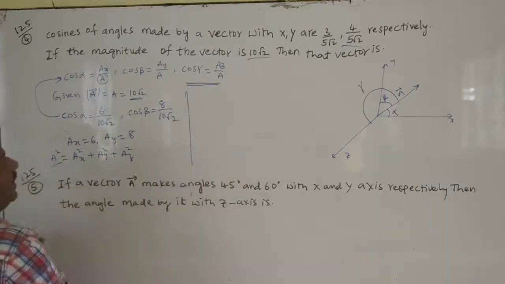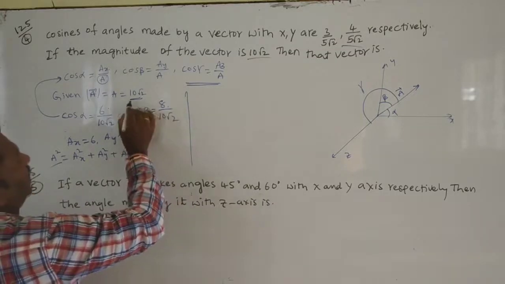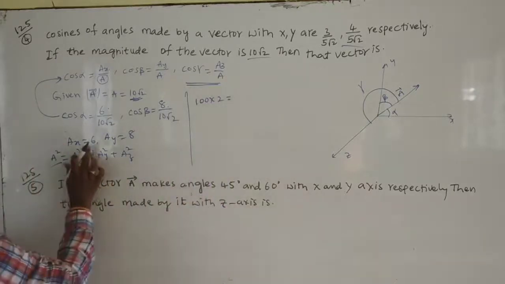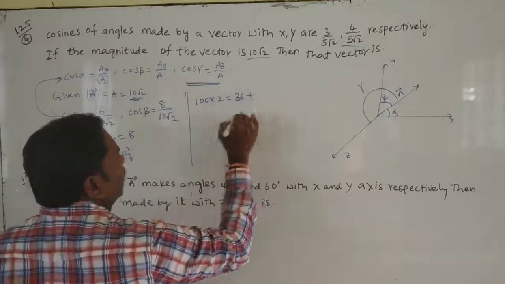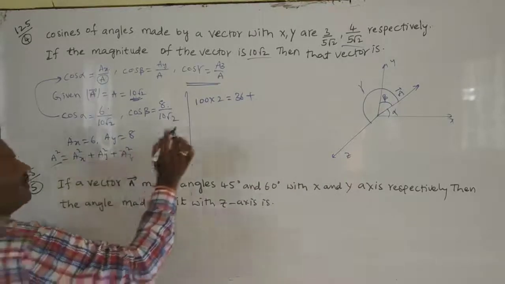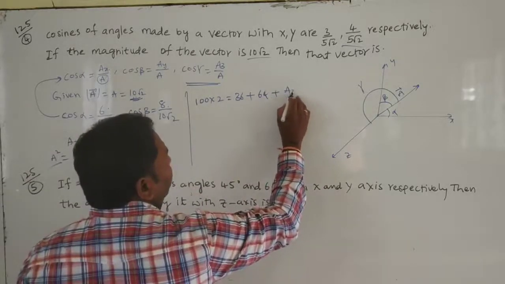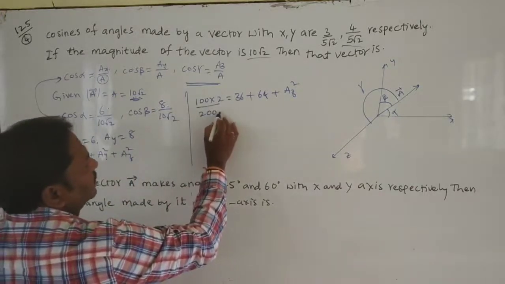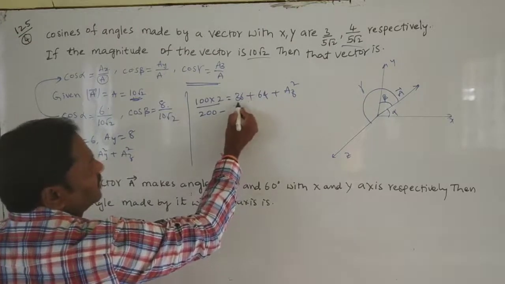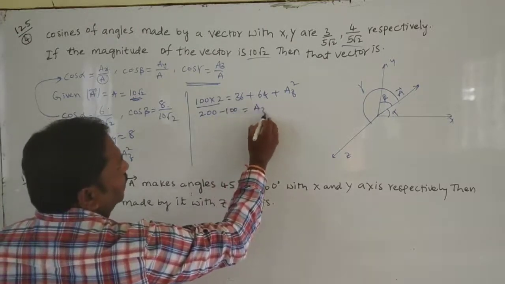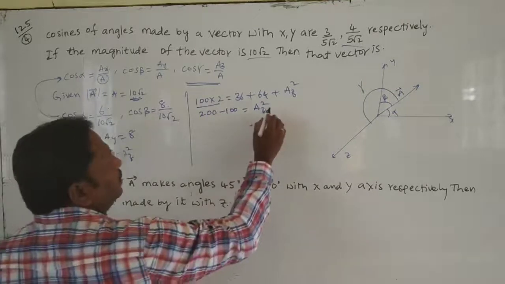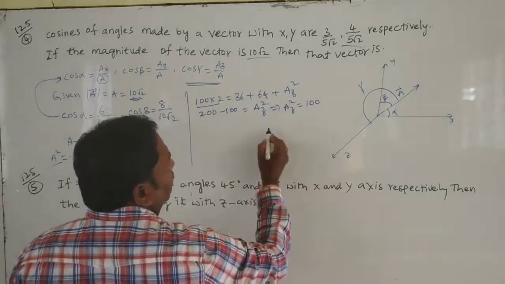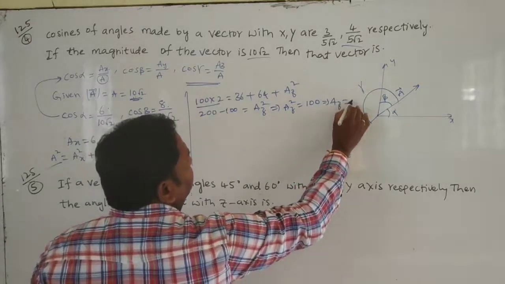A is 10 root 2, so a square is 100 into 2, which is 200. So 36 plus 64 plus az square. Now 200 minus (64 plus 36) is 100, which equals az square. So az square equals 100, and az equals 10.